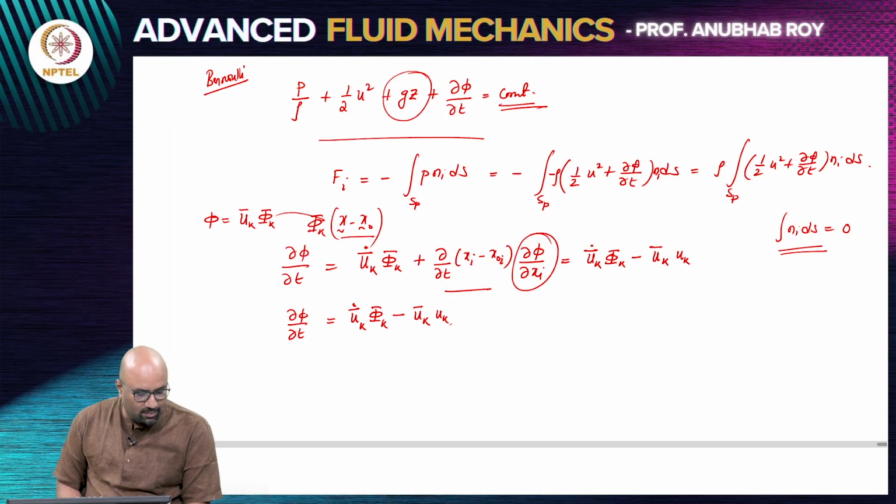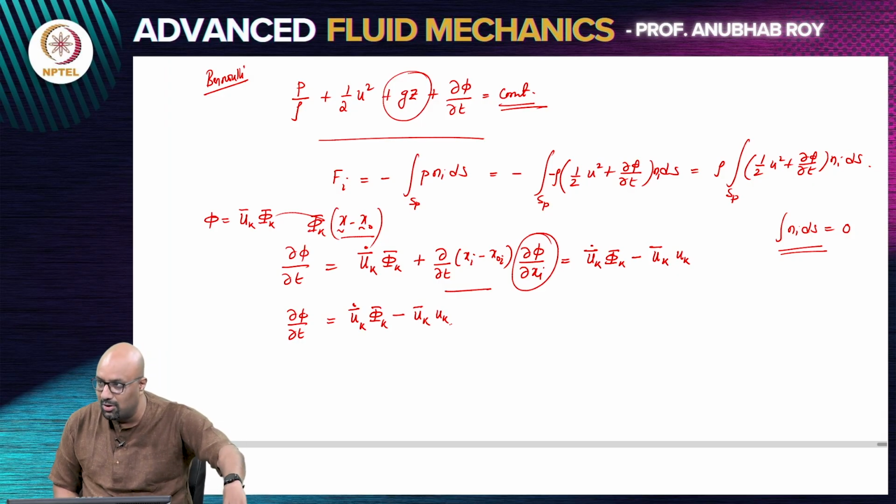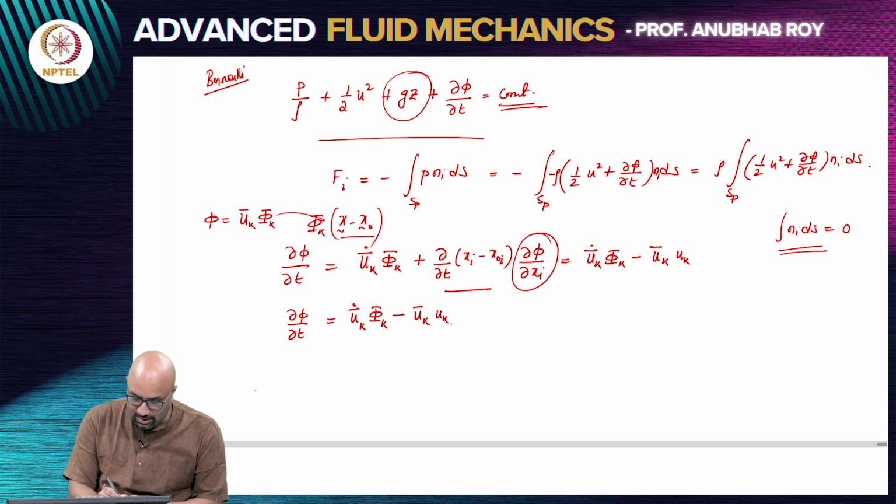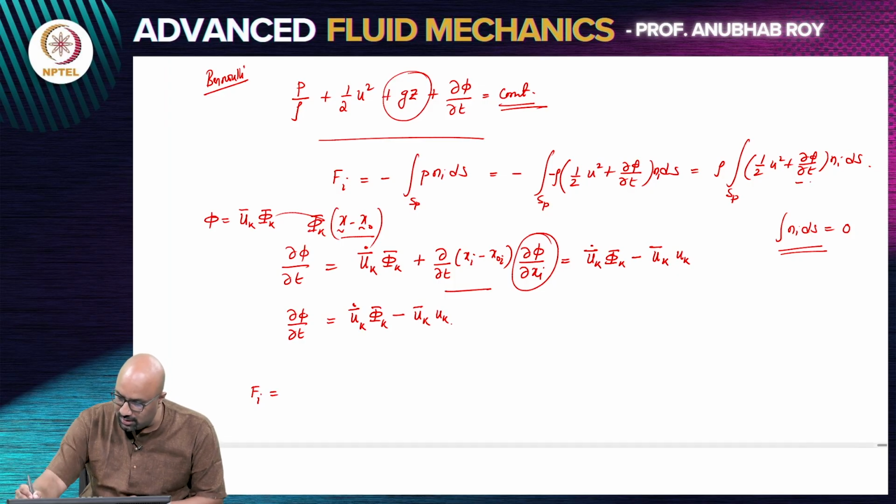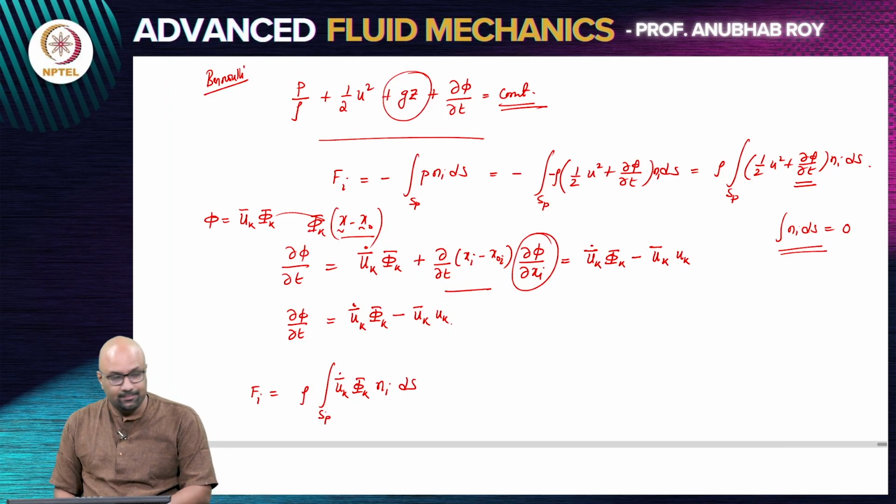So I am going to start plugging things in, and we will do a little bit of calculation with this. So I will have Fi. The term involving dou phi dou t would be rho, Ni ds, evaluated over the surface. So this comes from the first term in dou phi dou t.